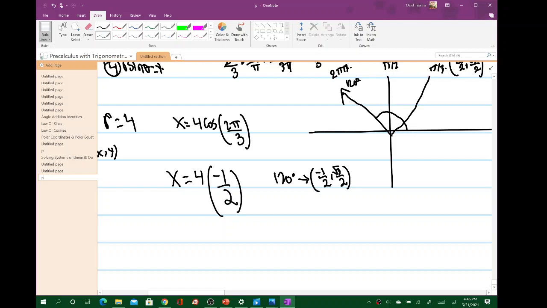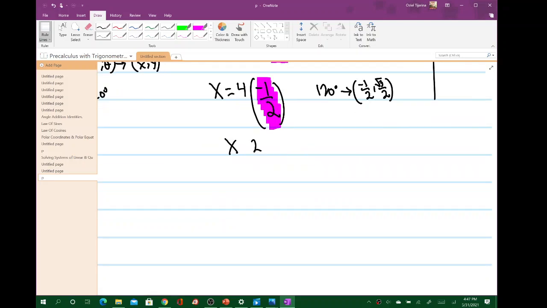Because right here, this is cosine of 2 pi over 3, right? And so x would be negative 2.